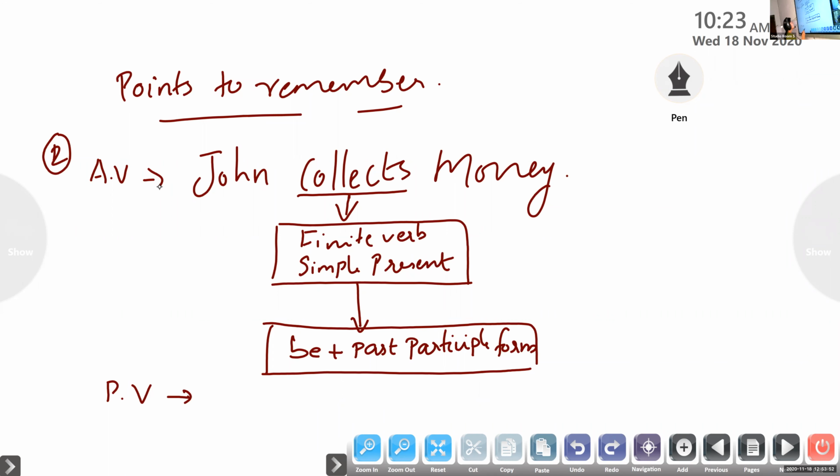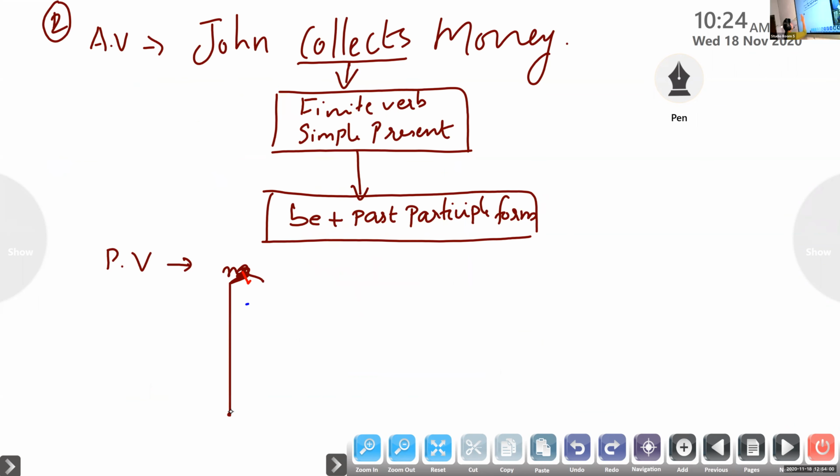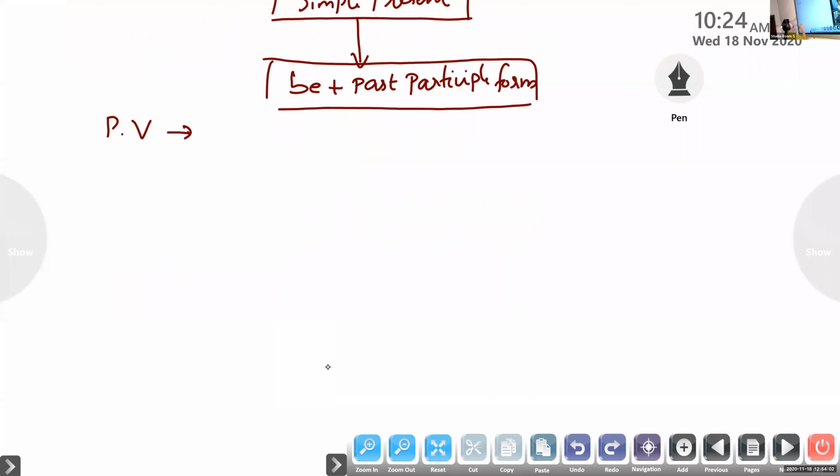Again, you know, subject and object should be interchanged. So please write money, begin with capital letter. Money, write is collected.